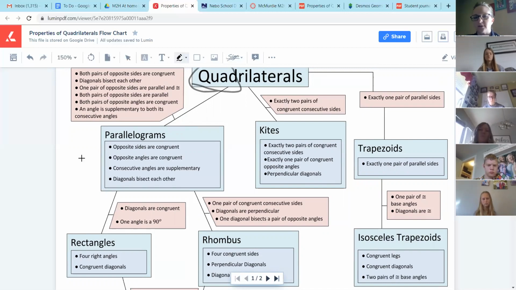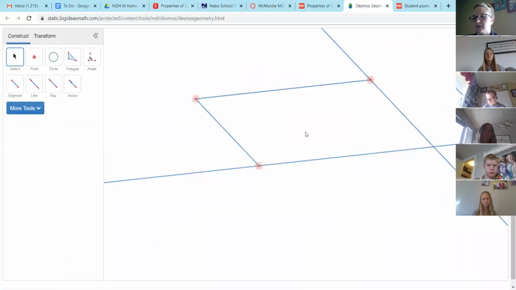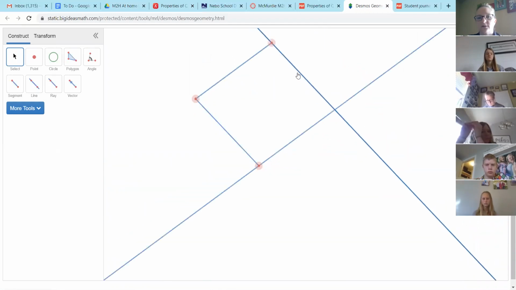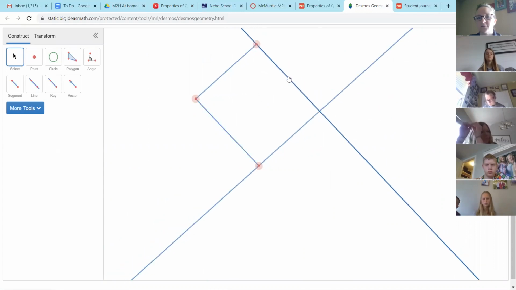So a parallelogram is just kind of like I just drew in the geometry tool over here. You've got a set of parallel lines and another set of parallel lines, then you get a parallelogram. And you can do all kinds of things with it and keep it parallel. It doesn't have to be big. It can look kind of like a square.